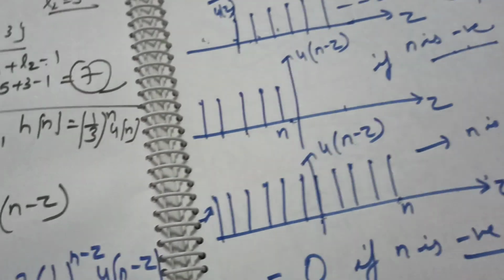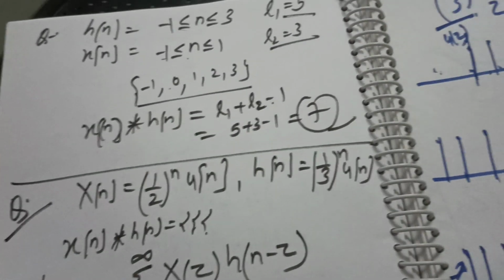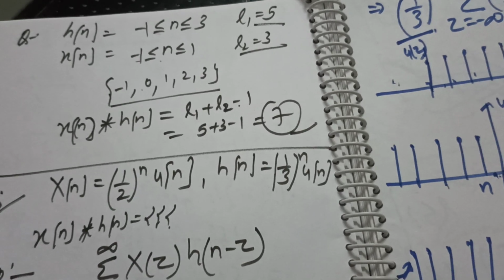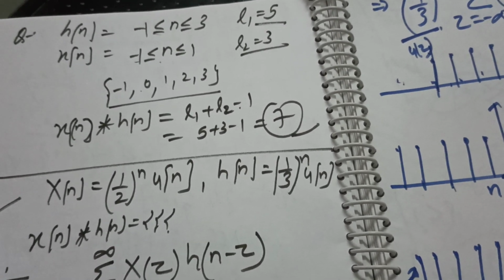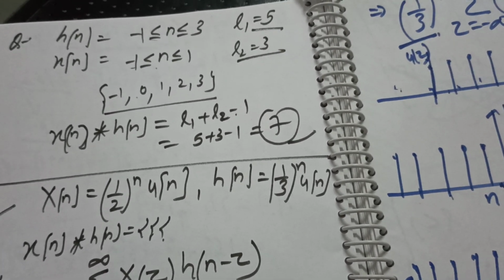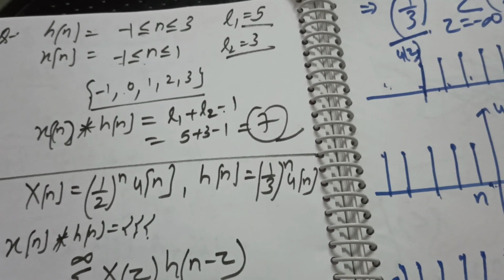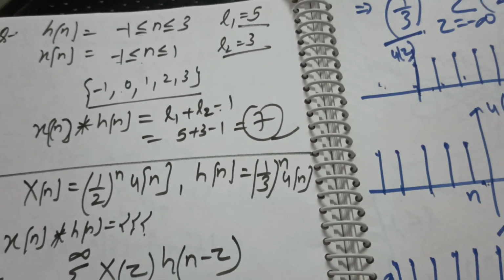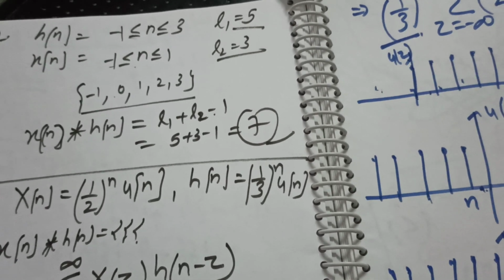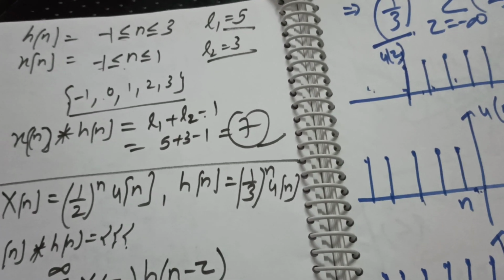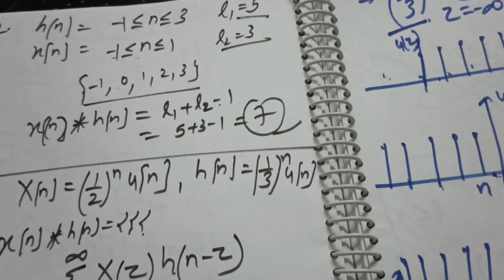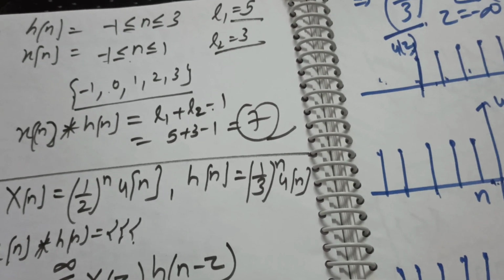Now again, a very important fact: if the limit of h[n] is from n equals minus 1 to 3, then the length of the sequence is 5. Now take x[n] varying from minus 1 to 1, so the length of x[n] is 3. So 5 plus 3 is 8, so the maximum length of the convolution will be 8 minus 1, that is 7.